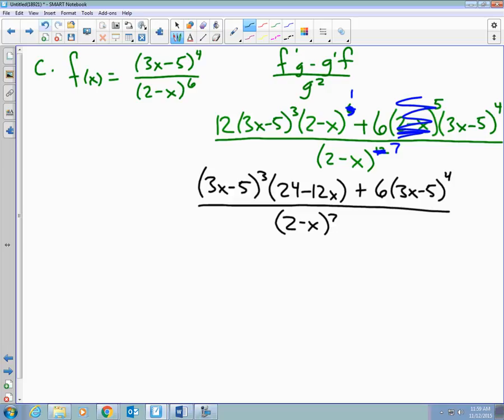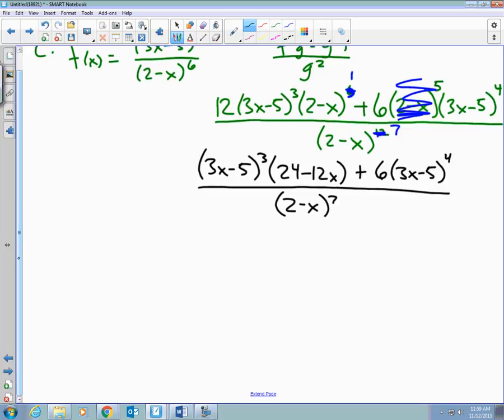You can't multiply through when it's got a power on it. You would have to cube it all out first. But you can do it to this one. So what is now the common factor? 3x minus 5 to the third power.